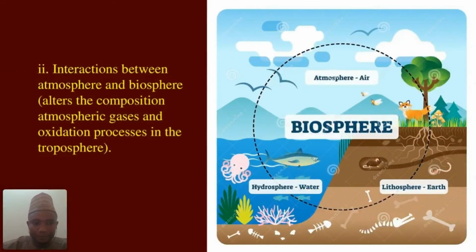The second interaction of humans is the interaction between the atmosphere and the biosphere. This interaction between the components of the gases or molecules in the atmosphere and the components of the molecules in the biosphere changes or alters the composition of atmospheric gases and the oxidation process taking place in the stratosphere.